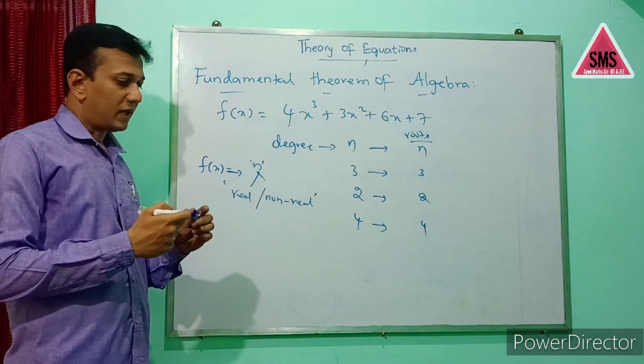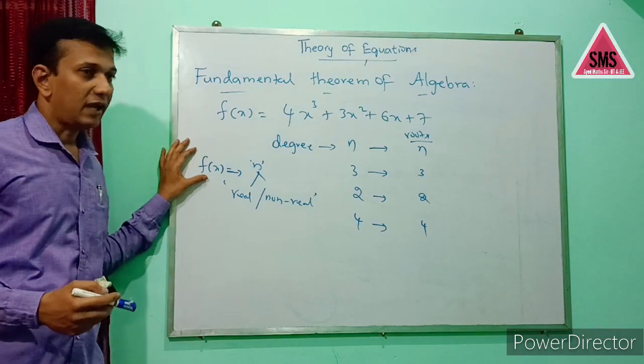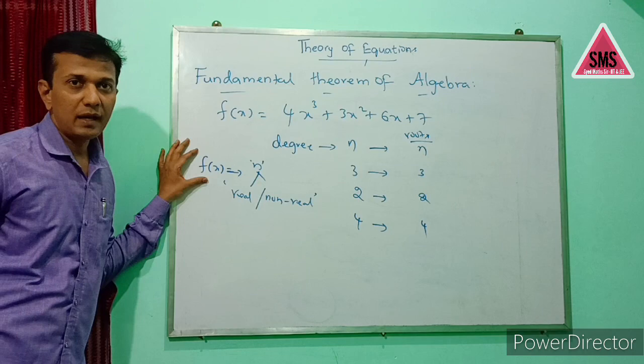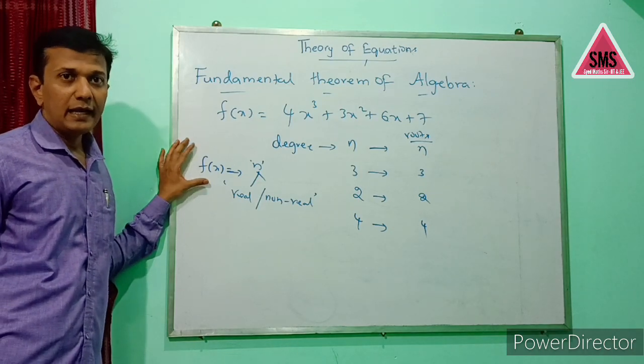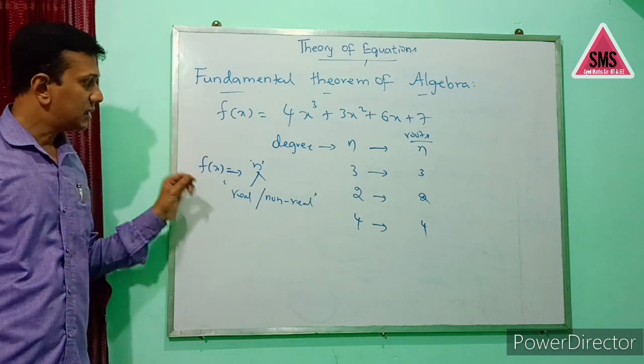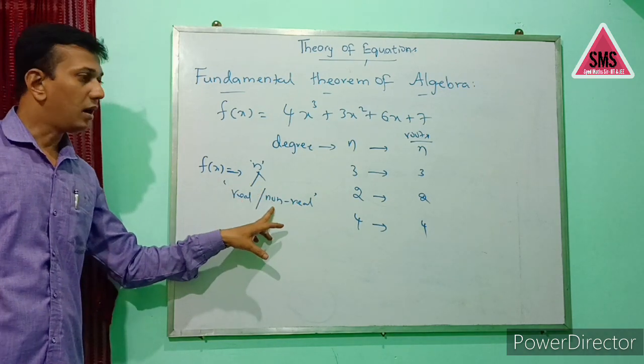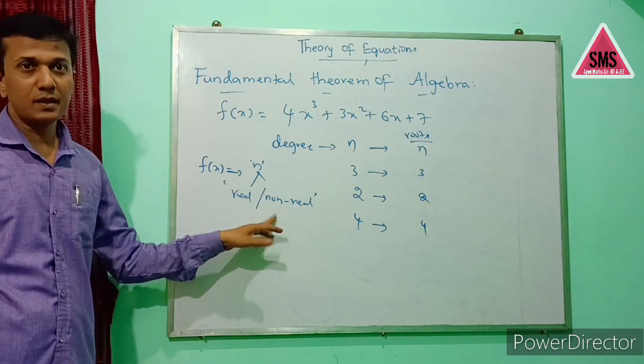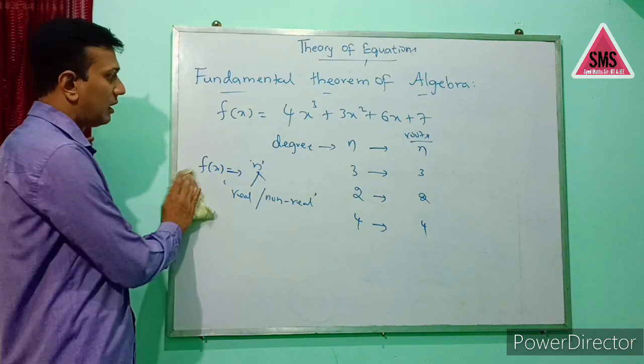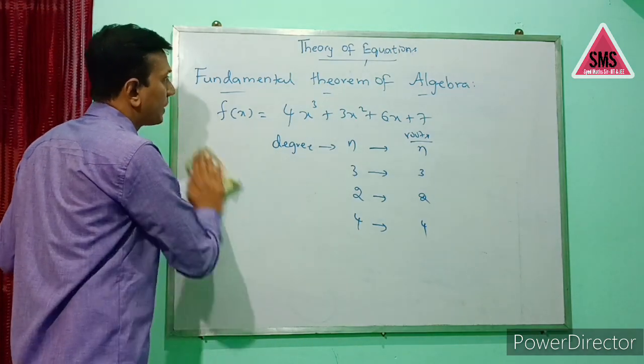This is the statement. So the fundamental theorem of algebra says that if f of x is a polynomial of degree n, it has n roots, which are real or non-real in nature. So this is the fundamental theorem of algebra.